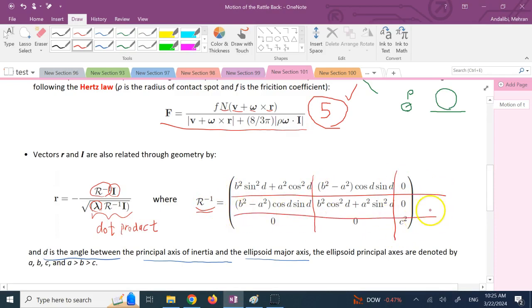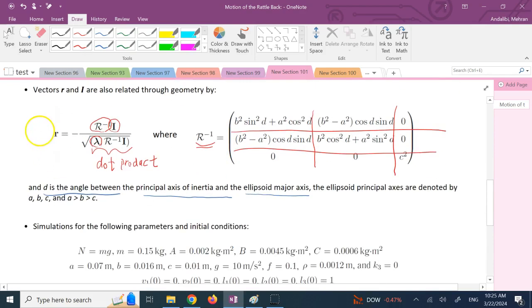Okay, what are the parameters in this matrix? We have A, B, C, and D here. What is A, B, C? What is D? So A, B, and C are the ellipsoid principal axes. These are those numbers, right? A, B, these are the semi-major, semi-minor, and for the height, these are those 3 values for the ellipsoid principal axes.